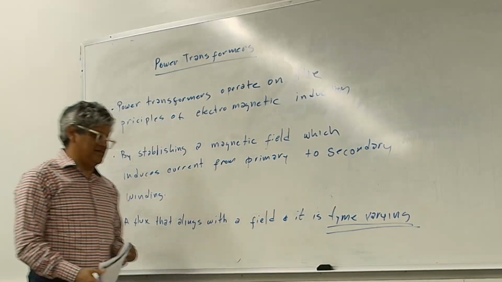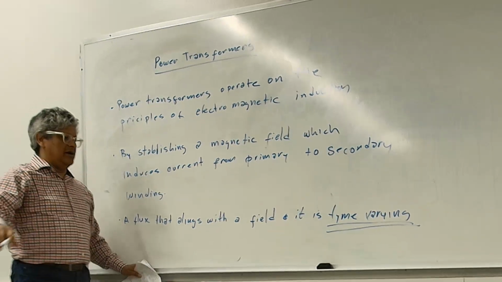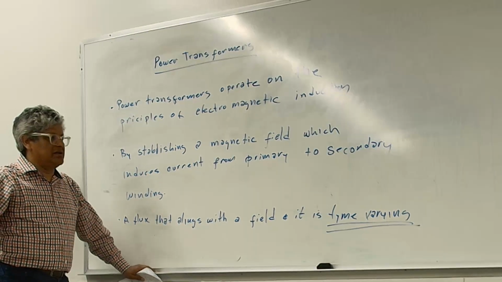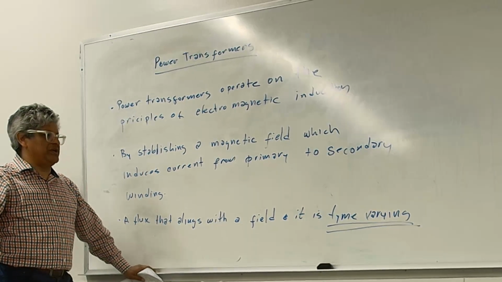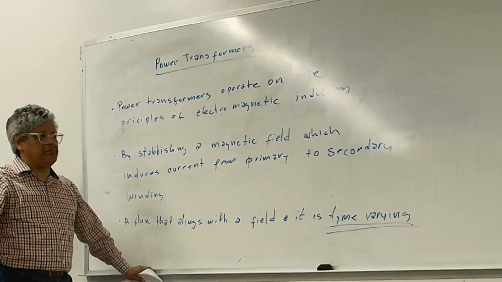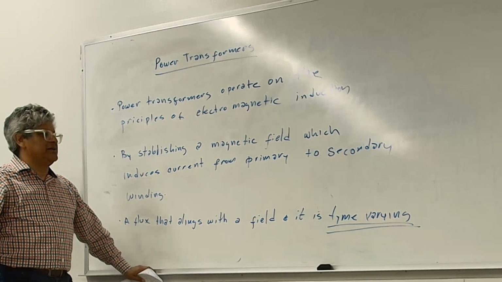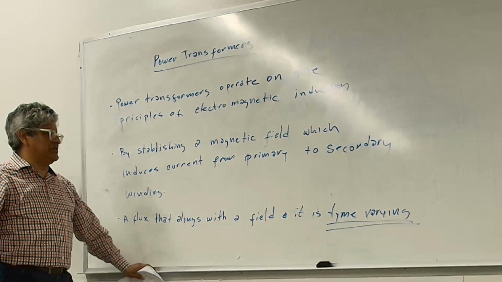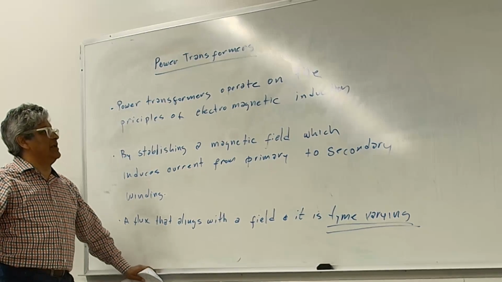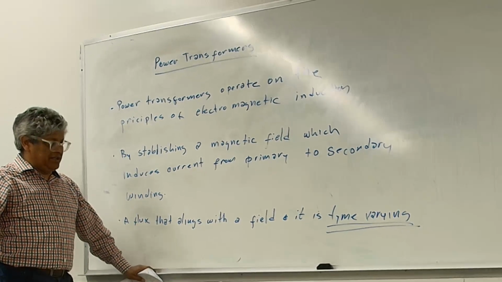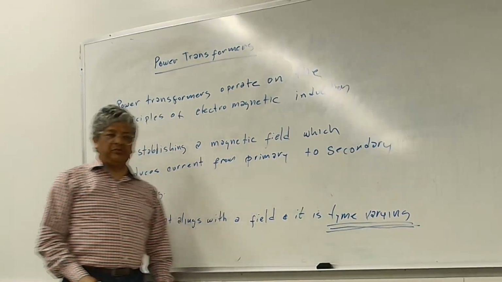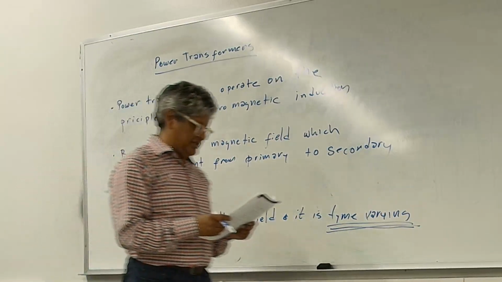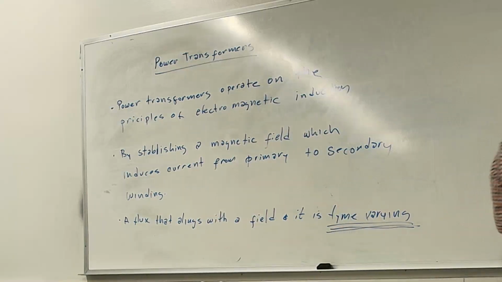This is the one reason why we can achieve the transformation, or we can induce a current from the primary to the secondary using the electromagnetic induction. If it is not time varying, then we will not be able to, and I'll explain it in more detail in a bit.